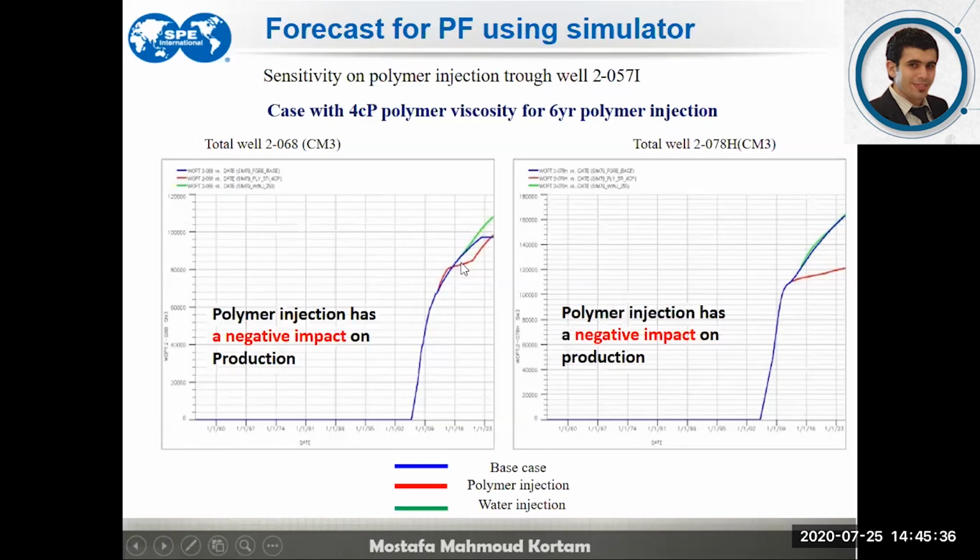But the point is that we wanted to get a result as soon as possible in order to evaluate the polymer effectiveness in the field. Also, we found that the same behavior happened for another reference well, where the polymer, due to the fact we were injecting lower volumes, reduced the reservoir pressure and consequently reduced the cumulative oil production in the near future.